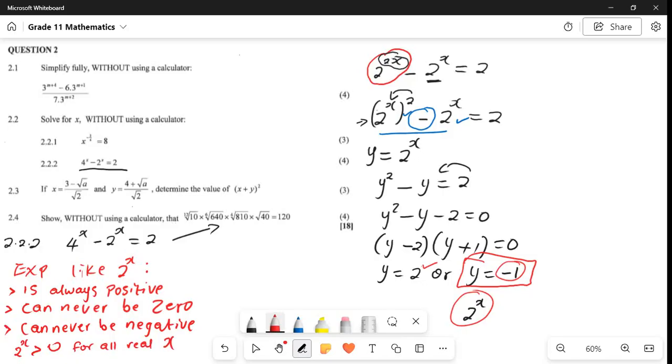So these are the key take-away points. Therefore, we cannot consider y equal to -1. Now, I think we can continue with our calculations.